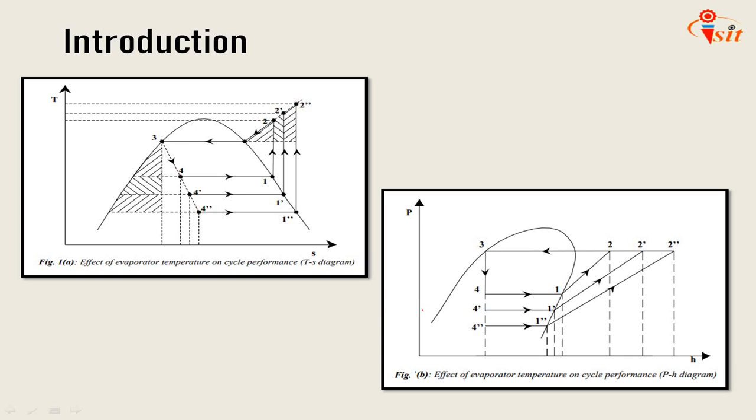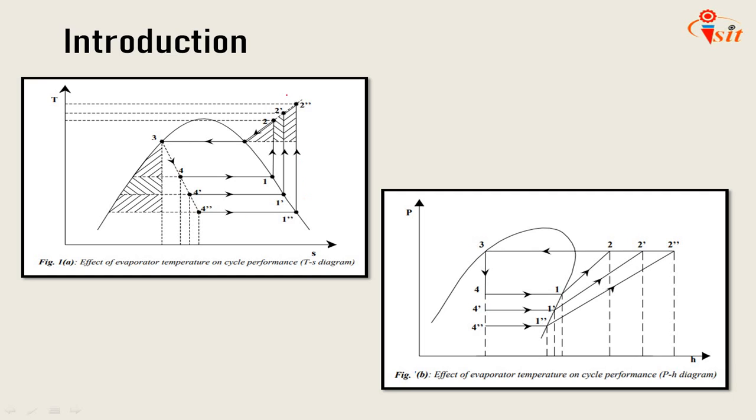So here the figure shows the effect of decreasing evaporator temperatures on TS and pH chart. It can be seen from the TS diagram for a given condenser as evaporator temperature decreases, if you see here, we can see the throttling losses increase.